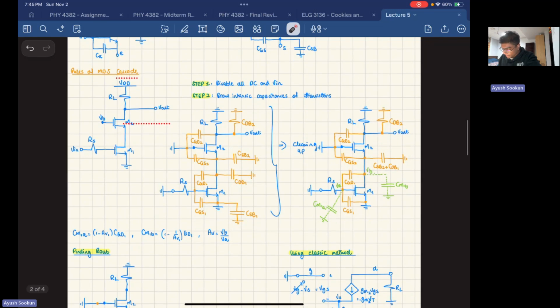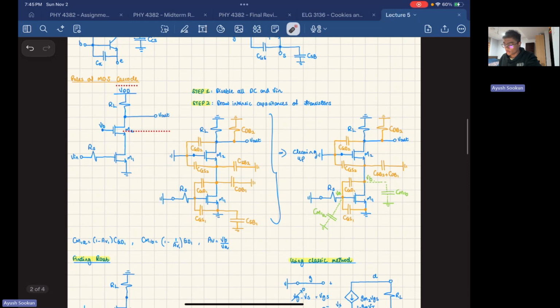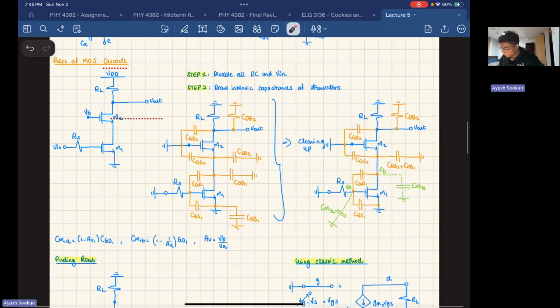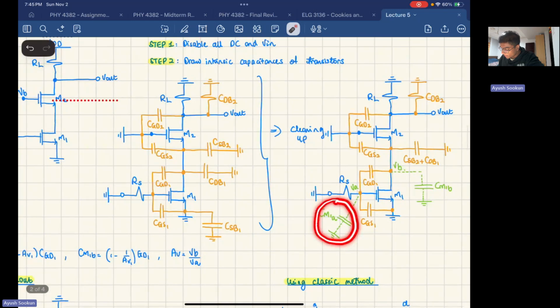Now I want to assess capacitors that are not connected to ground. If you look at CGD1, it's connected on one end here and the other end here, so it's not connected to ground. I want to take care of it. Remember, we're going to apply Miller's theorem and split that into two capacitors that are connected to ground. I'm going to call these CM1A and CM1B. Why am I calling it CM1A?